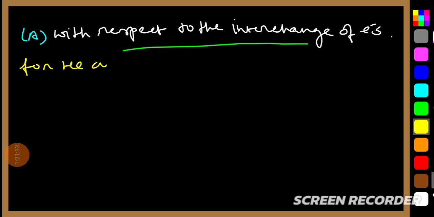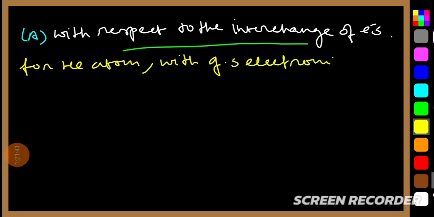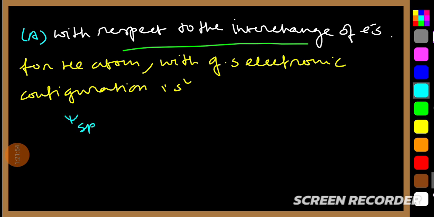So for the helium atom with ground state electronic configuration 1s2, you get two parts. First, write psi total.